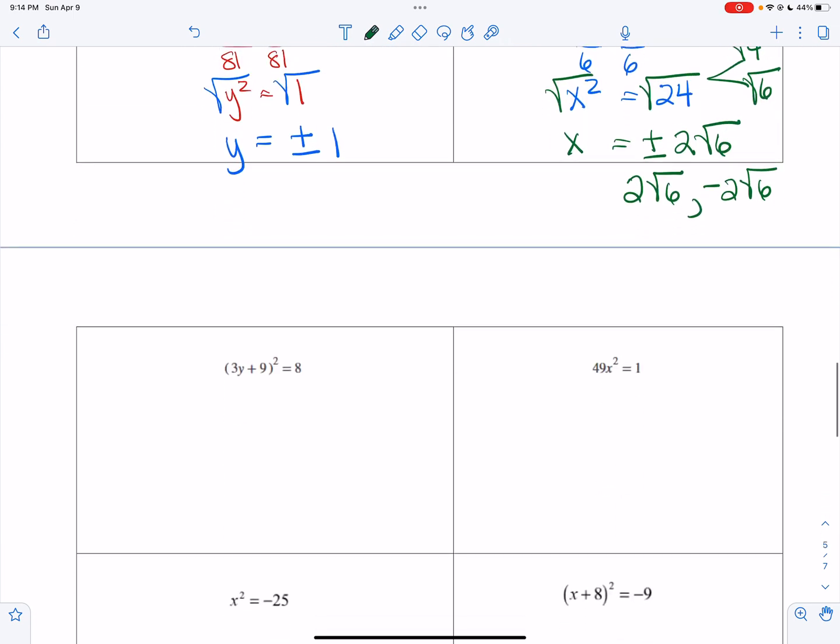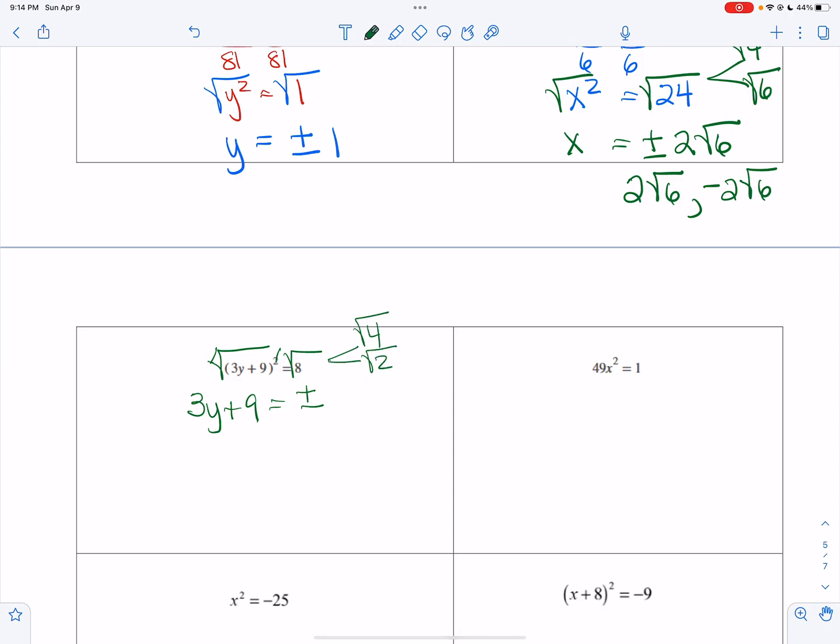Okay. The next ones, again, we're already set up. We have something squared equal to a number. So then we can go ahead and take the square root of both sides. So 3y plus 9, that comes out because the squares cancel each other. Plus or minus, 8 is 4 times 2.